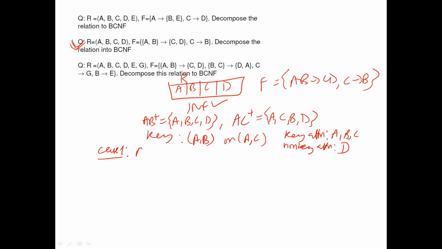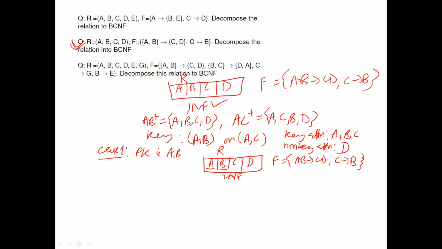Let the primary key be AB. This is R: A, B, C, D. AB is my key. Right? So my F is given, as mentioned earlier, AB to CD, C to B. Is it present in 2NF, students?